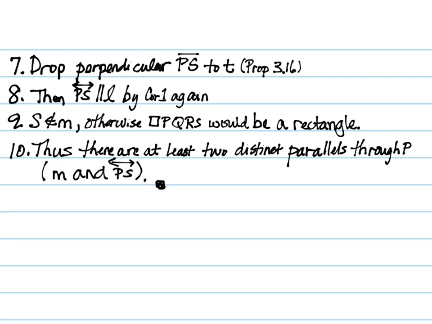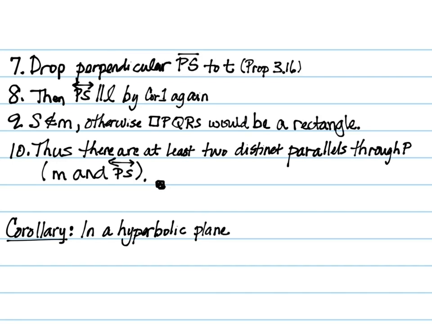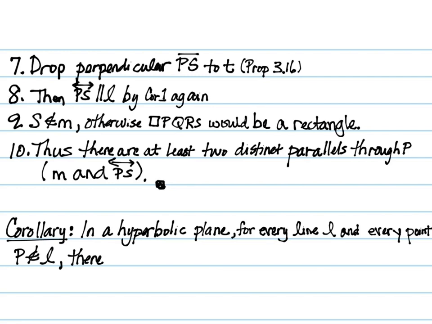Corollary to this, and a very brief proof for it. In a hyperbolic plane, for every line L, and every point P not on L, before we said there are at least 2, right?